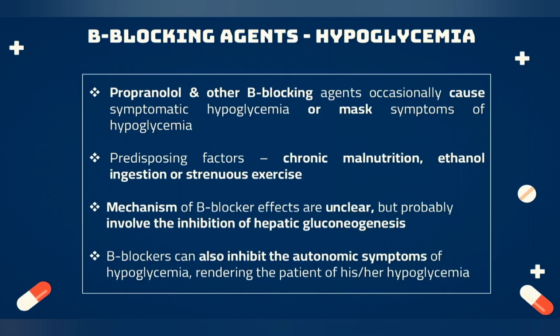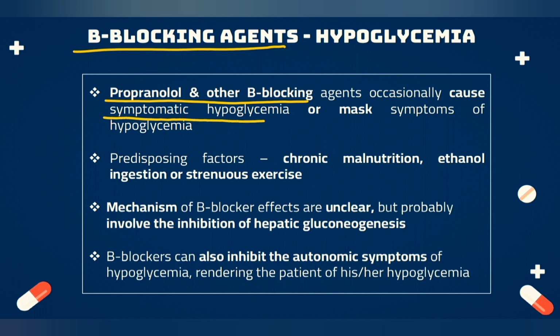Now let's discuss hypoglycemia with beta blocking agents. Propranolol and some other beta blocking agents sometimes cause symptomatic hypoglycemia, or sometimes a hypoglycemia-like condition is produced, but the symptoms of this hypoglycemia are masked by these beta blocking agents.